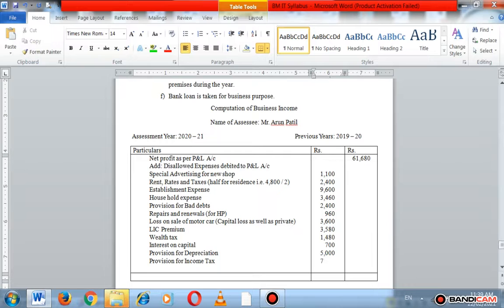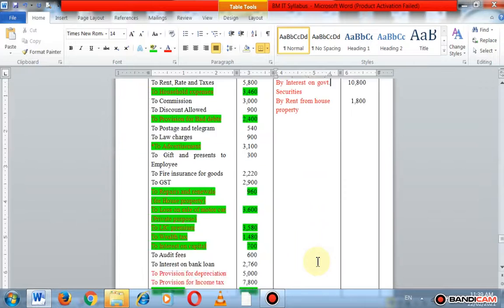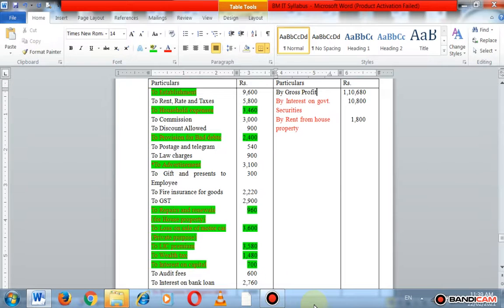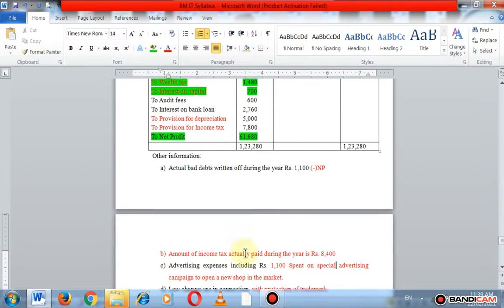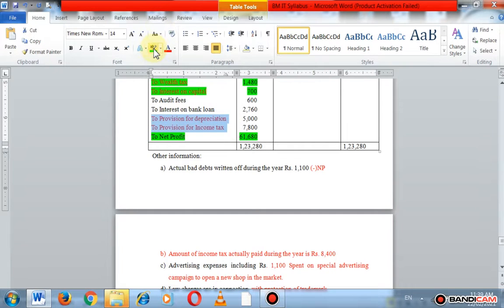Okay, see the correct figures, 5000 and 7800, both are correct. So we add those expenses which are not related to business in net profit.